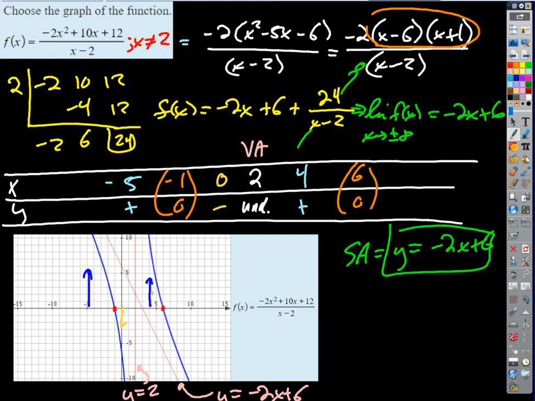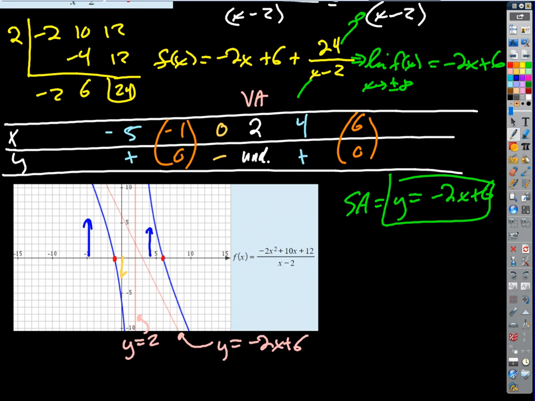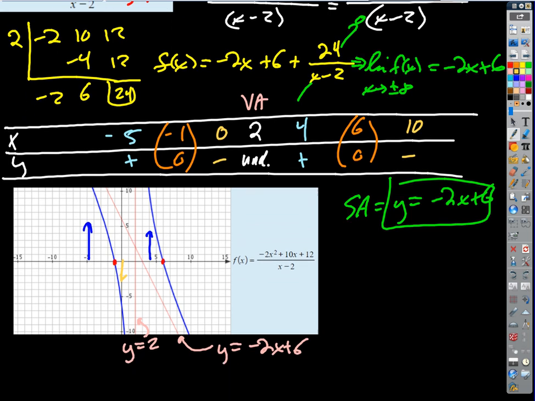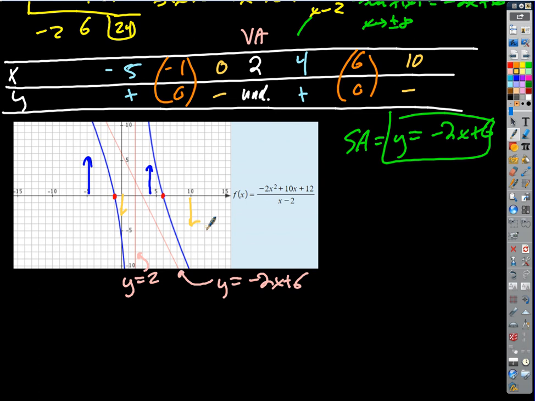And then finally, if I try out at 10, I'm getting negative times positive over positive. So negative over positive is negative. And so out at 10, the function goes down. So it fits, right? That tells us unambiguously what this thing has to do. It's the only way we could draw it. Because it's got to stick to the asymptotes and be above the x-axis there and below there and go through the x-axis both places. So we're done, right?